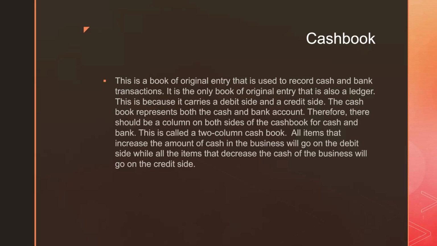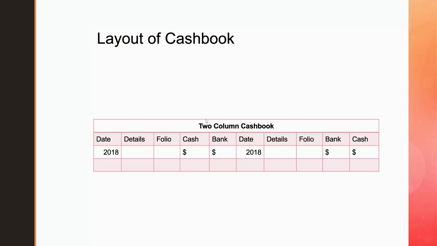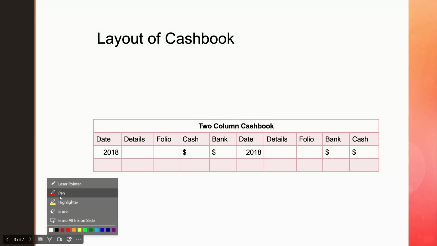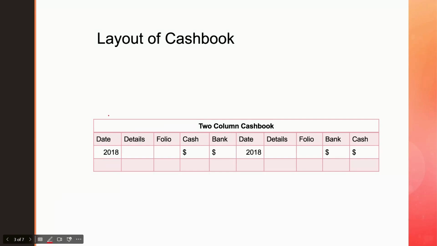All right, so let us look at the layout for the cash book. This is a 2-column cash book. You will have the debit side on your left and the credit side on your right. On your debit side, you will see that you have your date, details, folio, cash, and bank.